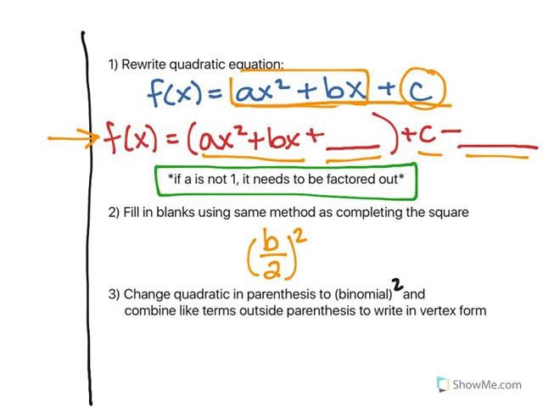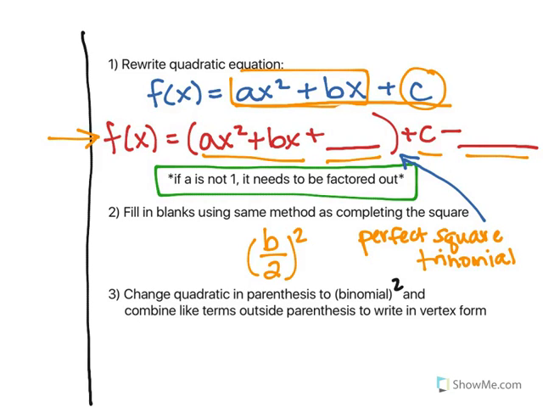We use completing the square in order to create a perfect square trinomial, which we learned about in a previous unit. That's what we're going to create here.